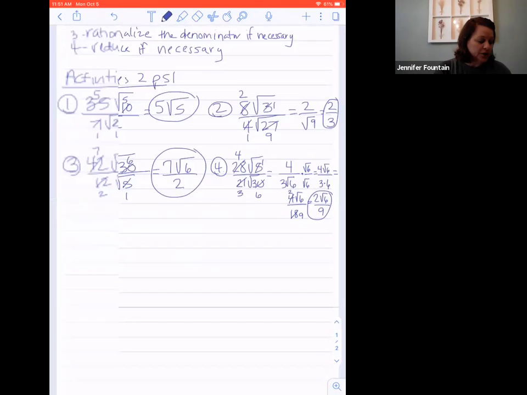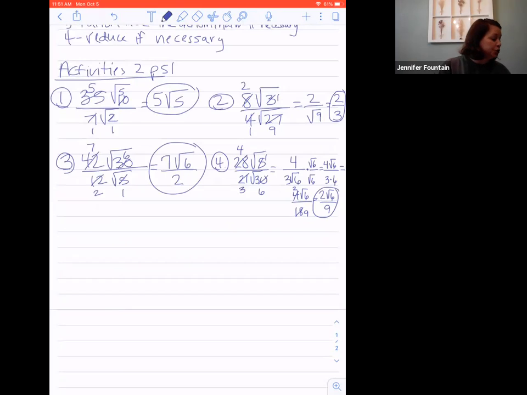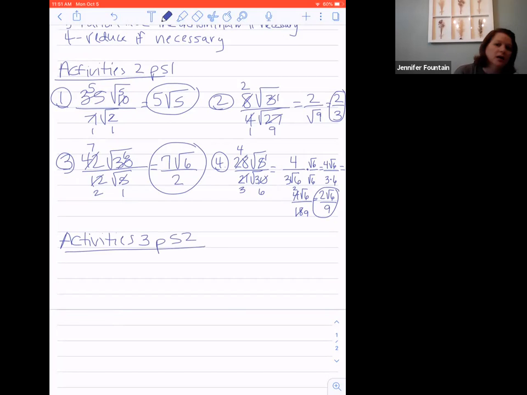All right, so now what we're going to do is turn the page to page 52. I'm going to skip a line and write Activities 3, page 52. Again, I'm going across the top and bottom.